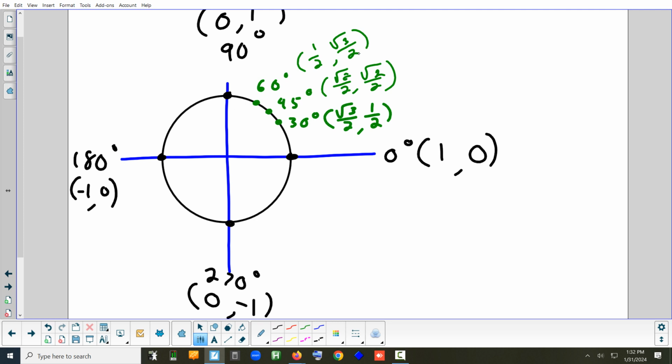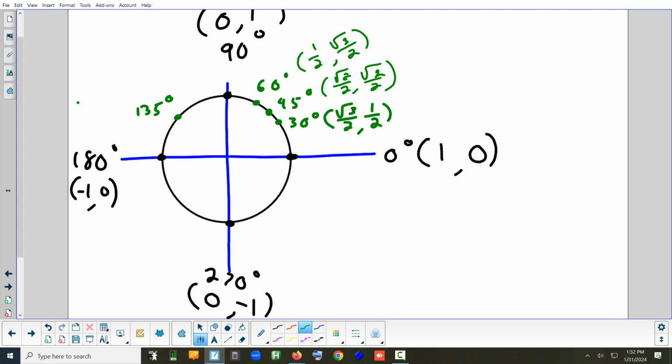All right, so those are the coordinates we've done so far. Today, we're going to look at doing the 30, the 45, and the 60 in the other quadrants. But as long as you know what the coordinate is in quadrant 1, it's very easy to do it in quadrant 2 or any other quadrant. So here's a 45 flipped into quadrant 2. It's 135 degrees. It's just like 45, except reflected over here.